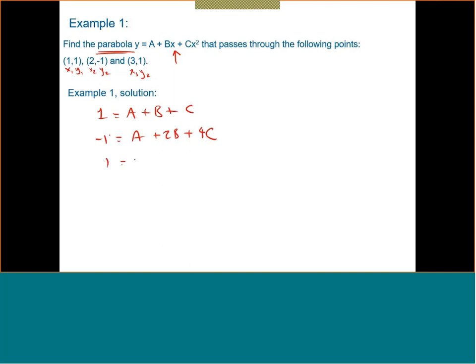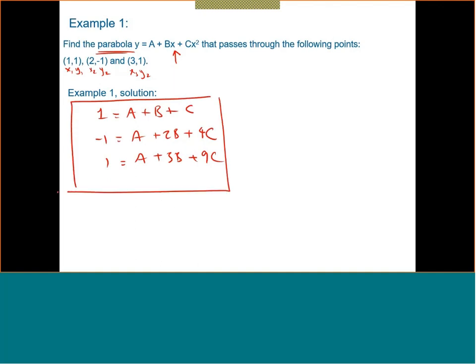And these 3 equations are having 3 unknowns. I need to put them in the right format. So the right format is 1, 1, 1, 1, 2, 4, 1, 3, 9, and then 1, minus 1, and 1.